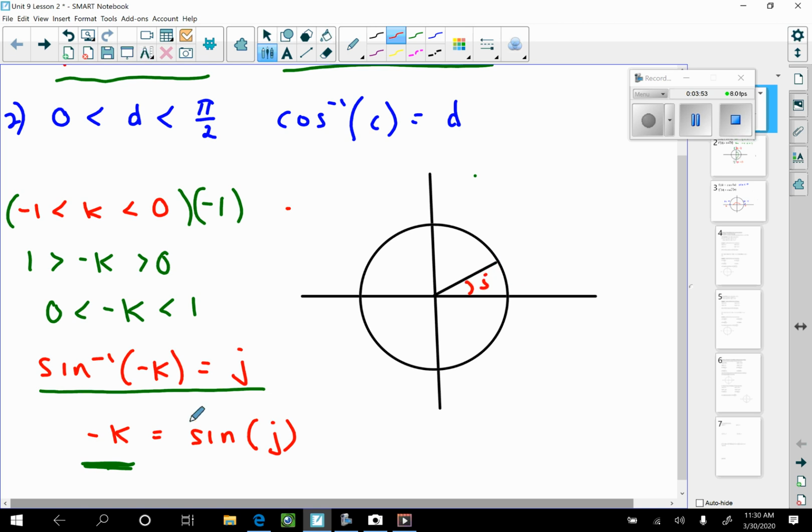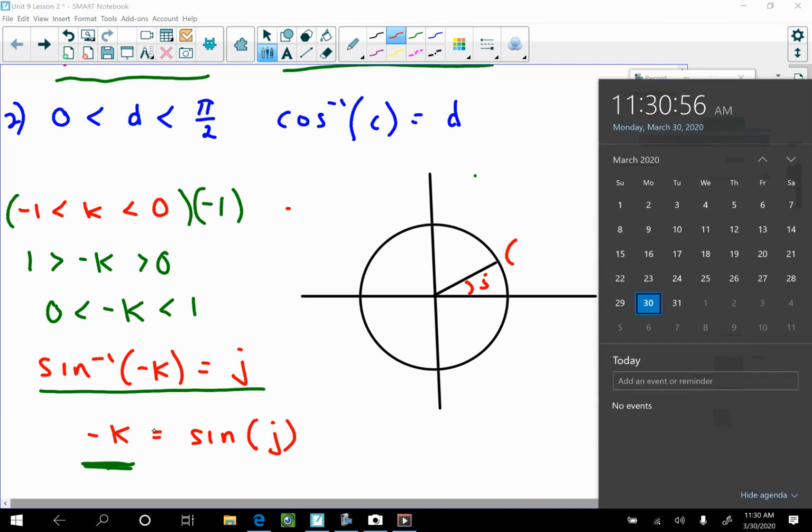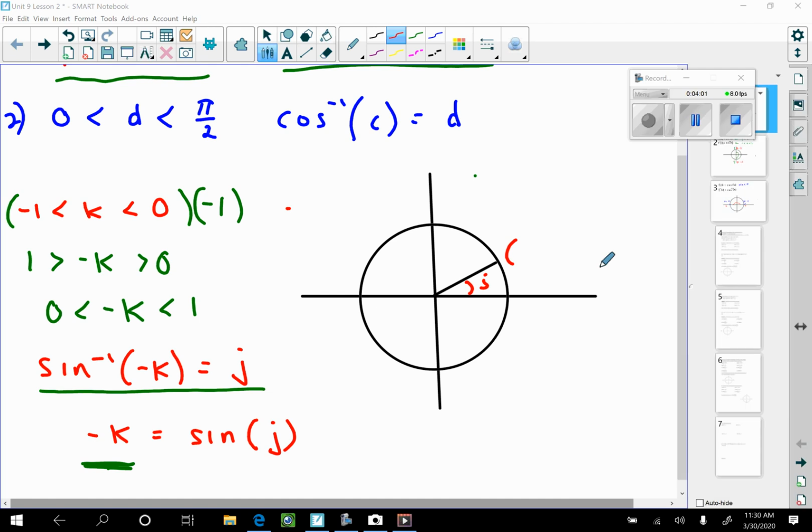The sine of j is -k, and I know that the sine outputs a y value, and that y value is going to be -k right there. So this is the graphical representation of number one. This is my angle right here, and this is my output -k.